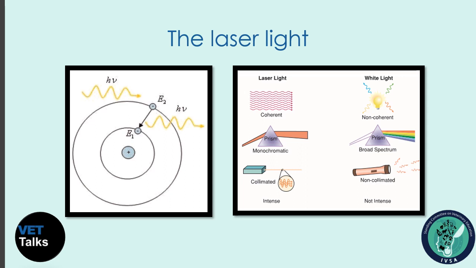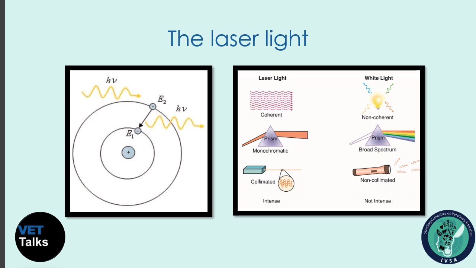So this phenomenon basically allows the light emitted by this type of device to be collimated, that is, the photons from the laser beam are arranged parallel to each other and have equal wavelengths, amplitude, and frequency.